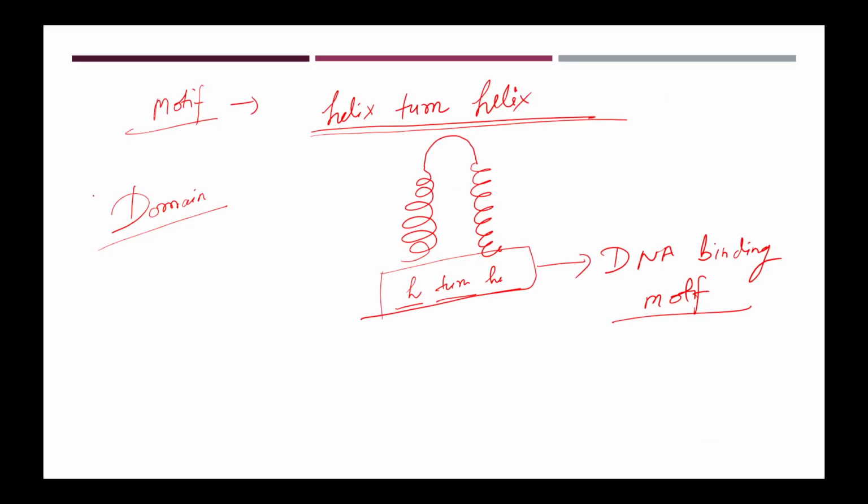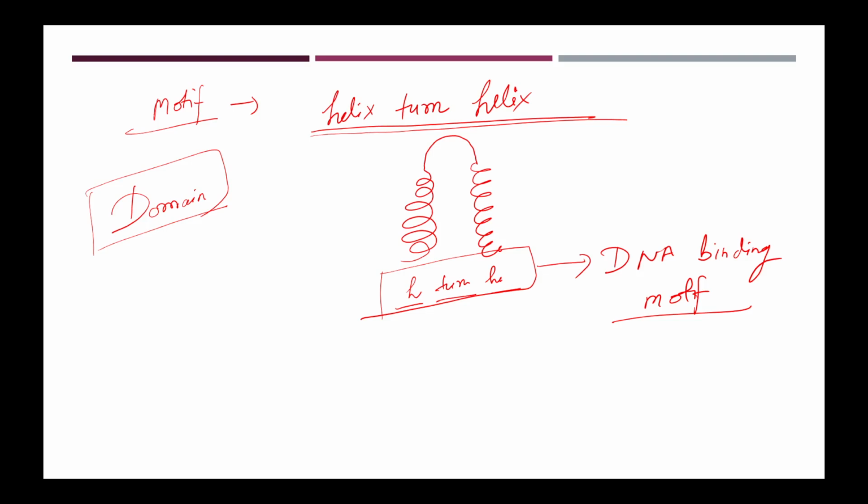However, a domain is an independent functional structure of a protein. One protein has multiple domains, and a certain entire tertiary structure of a protein, a 3D structure, makes a domain. A domain can specify a function of the protein.